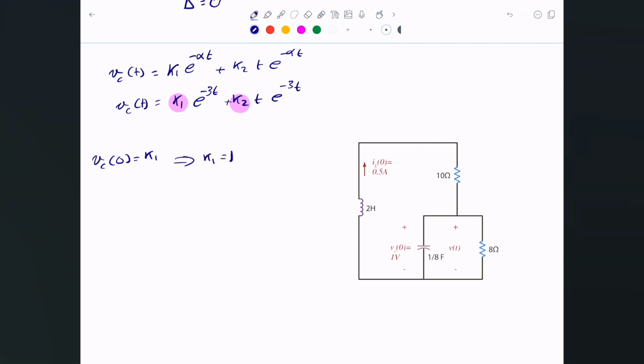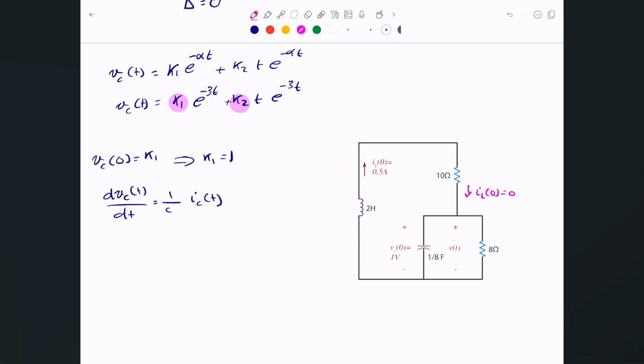How about dVc of t divided by dt? We should know that this is 1 divided by c times Ic of t. But what is Ic of t? Well, we have to figure out what these voltages and currents are, so let's compute them. Do we know this one here? I'm going to call it IL of 0.